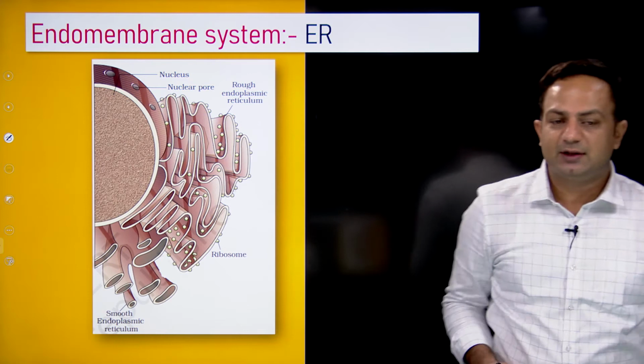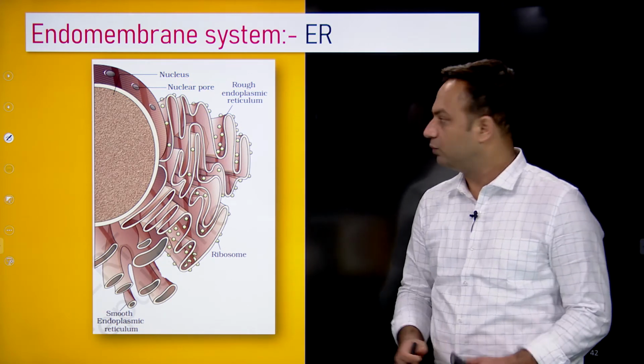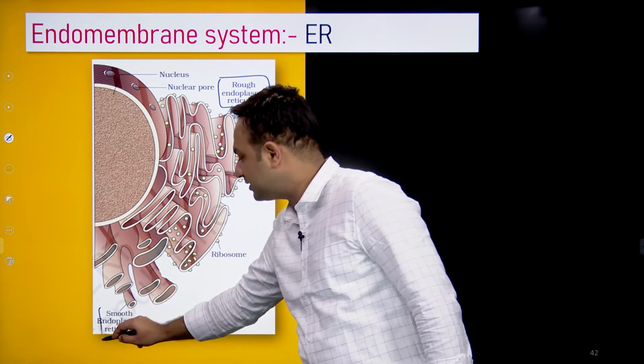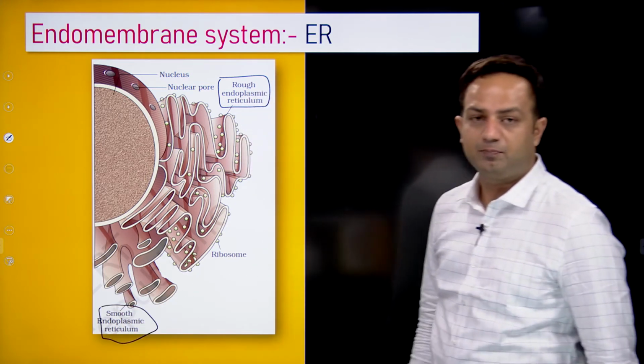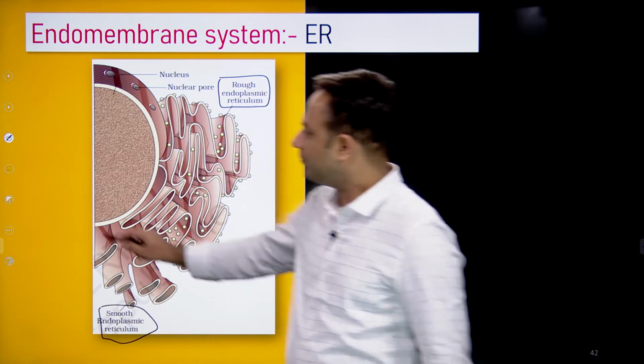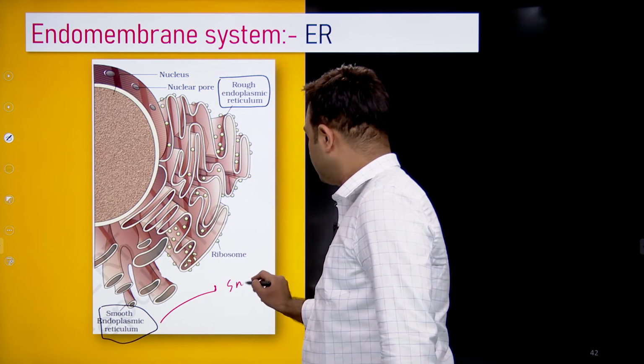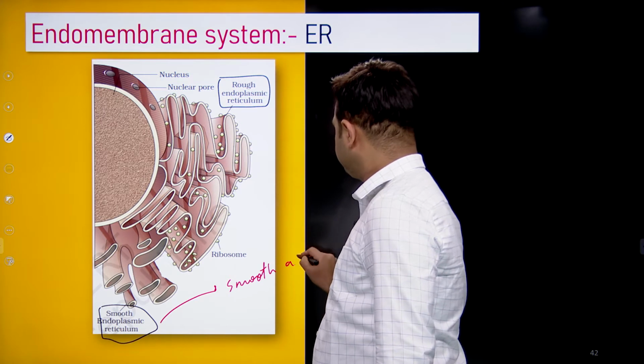Next, the structure that I told you. I have two types of things. One is rough endoplasmic reticulum and the other is smooth endoplasmic reticulum. Smooth as the plasma membrane.